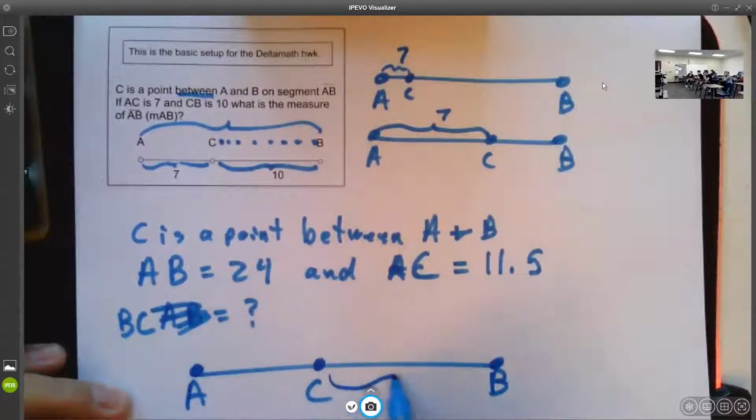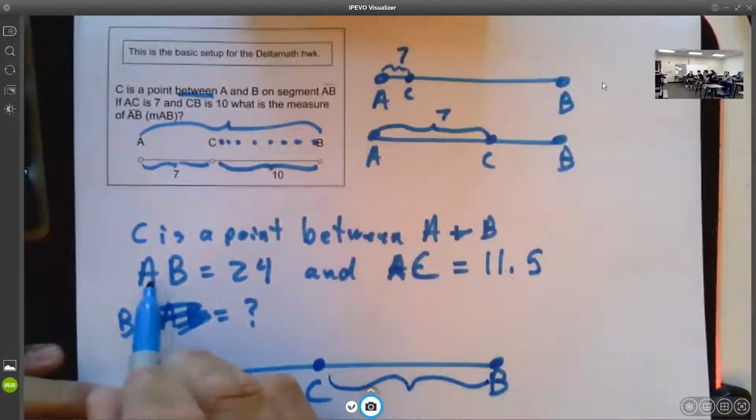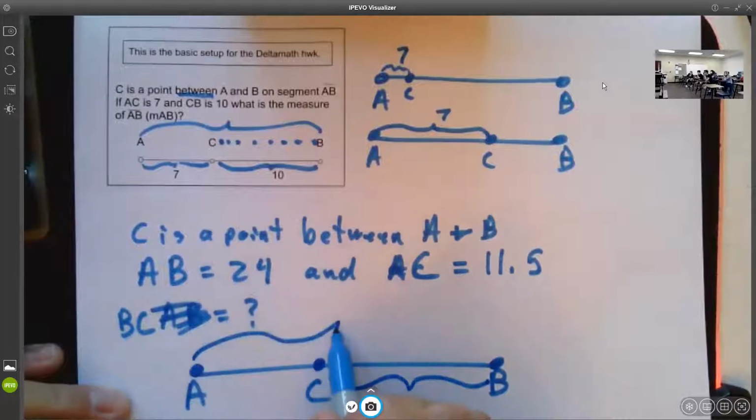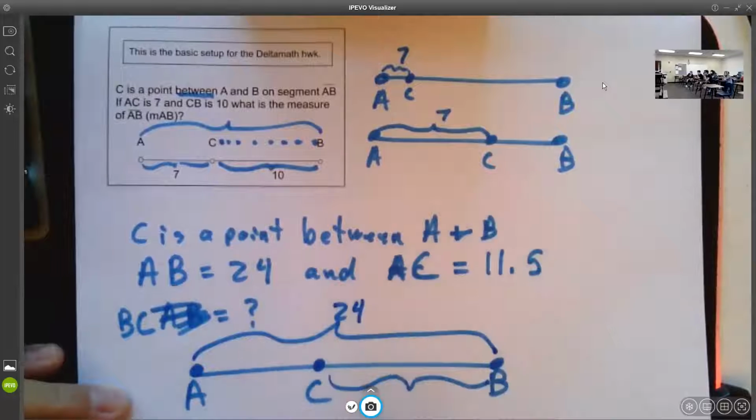All right. Now, I don't know how big CB is, but I know AB is how big? 24. Okay, 24 there. Very good. And we know AC is 11.5. How do I figure out what's missing?